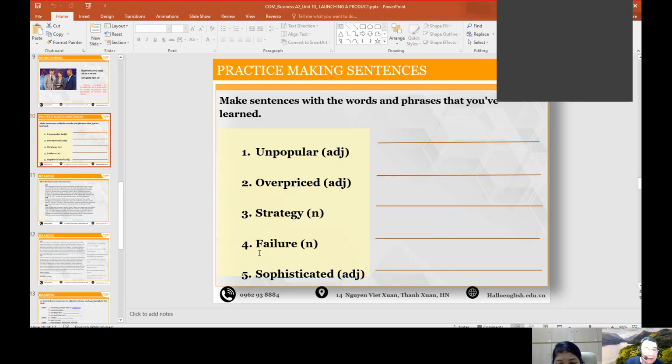Number four, failure. And number five, sophisticated. These are the words that we should remember in launching a product.